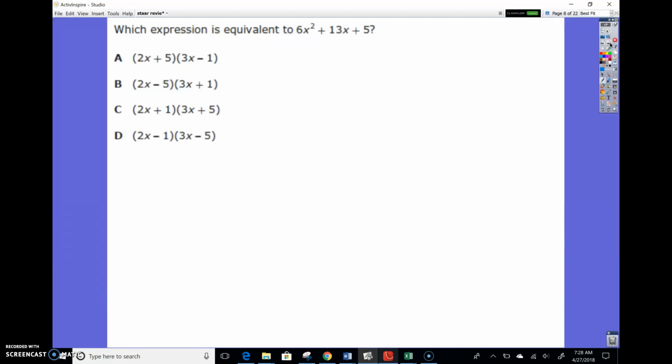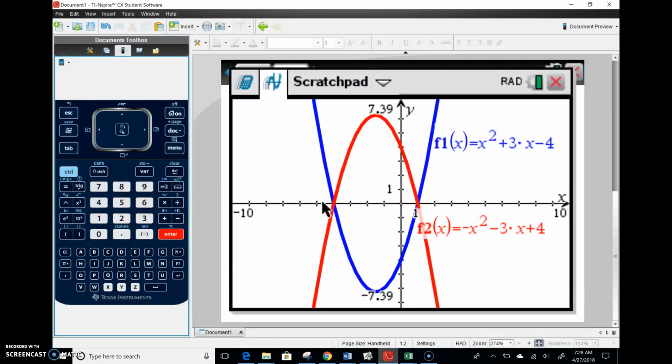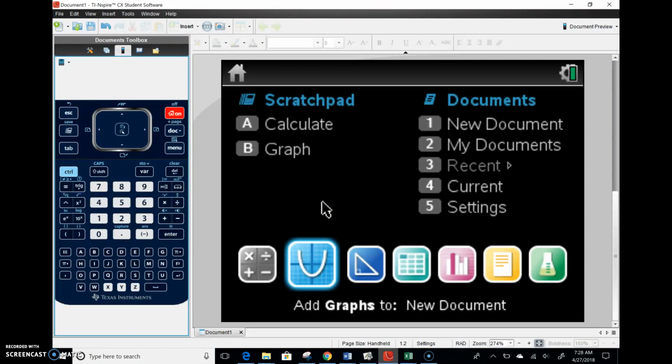Now the next kind of problem we have is equivalent expressions. It will still say, you see there's no equal sign. So I'm going to create a new graph.